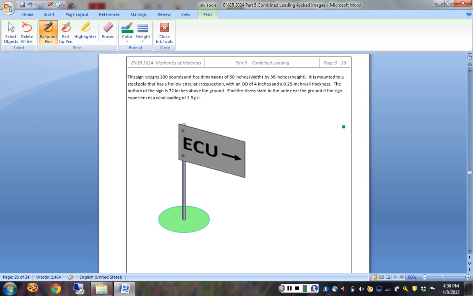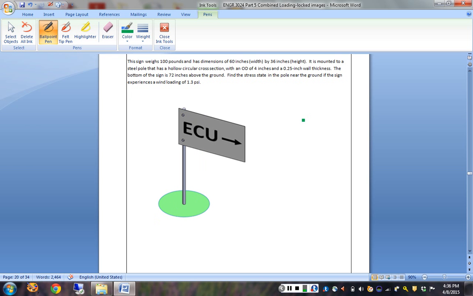This is 72 inches, and the wind is blowing at 1.3 psi. All right, what all do we need to do? I think one of the first things we need to do is establish a coordinate system so that we know how to connect all of our math to this thing. So I'm going to say this way is X, and the wind is blowing in Y.